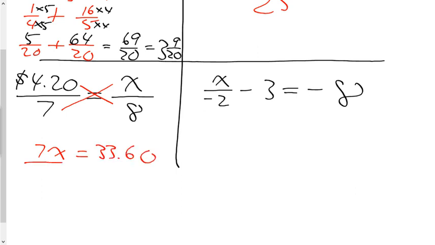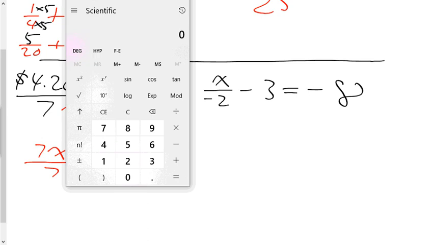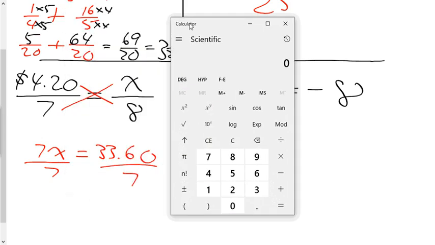Divided both by 7, and $33.60 divided by, clear, 3360 divided by 7 is, oh, for heaven's sake, clear, abandon ship. What was it again? 3360 divided by 7 equals $4.80. Same answer.